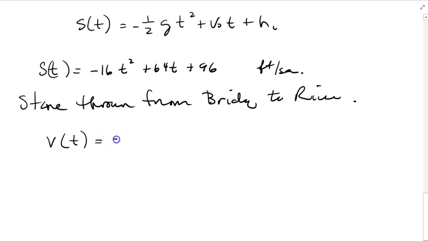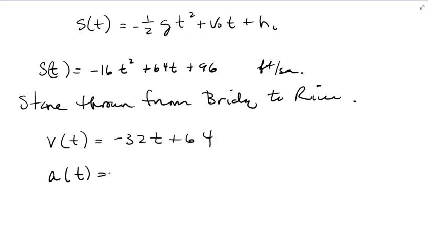So our velocity function is -32t plus 64. And what happens with any projectile motion? Acceleration is actually a constant.